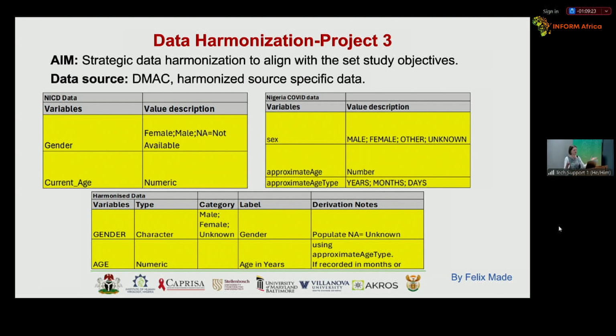So the whole harmonization is to try and come up with a common term, so that when you're talking about age, you know you're talking about the same thing across different databases, and the same for gender. There are certain variables that can be harmonized, so where it makes sense, we need to do that across all the databases.